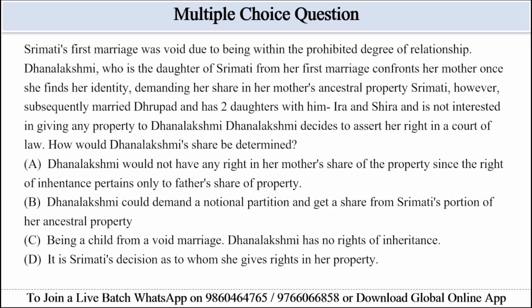While in case of option D, it is Smriti's decision as to whom she gives a right in her property. This one is wrong. Inheritance is governed by law, not personal discretion. Hence, only option B, Dhanalakshmi could demand a notional partition and get a share from Smriti's portion of her ancestral property, is the correct answer here.